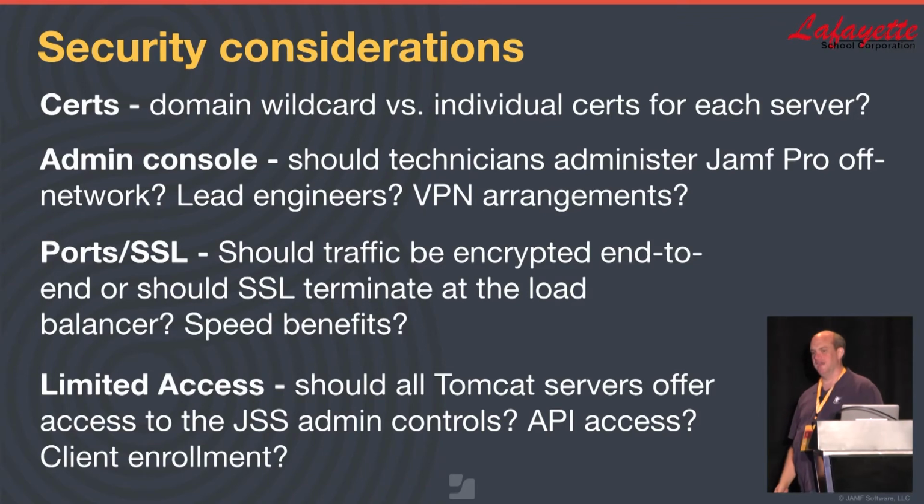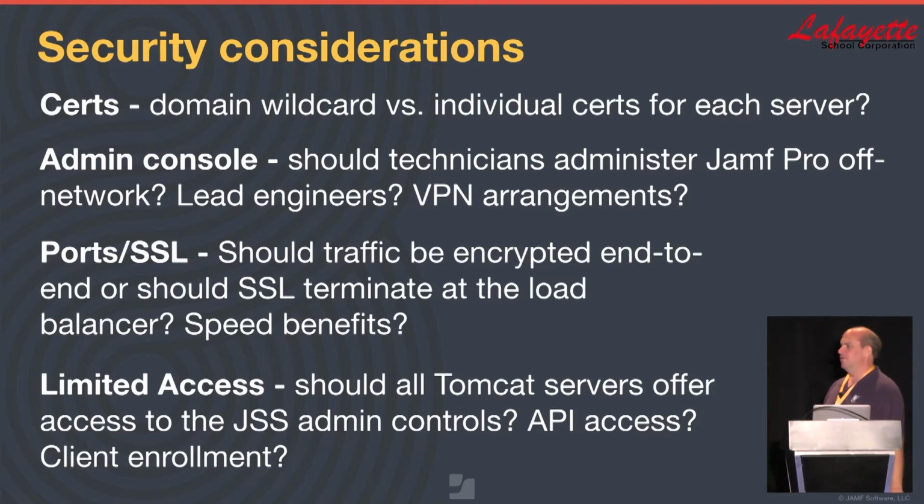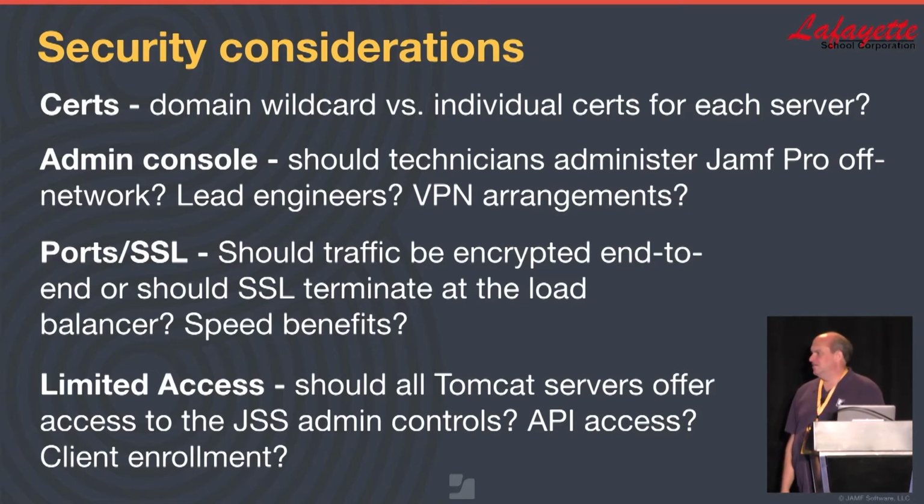Maybe you just want the API on your admin console, because you're really the only one writing scripts against the API. Your users aren't going to do that, so perhaps you turn that off for the client console. And for client enrollment, do I really want people enrolling brand new iOS devices off campus? The answer might be yes, but I don't know. Everyone has to come to those answers themselves.